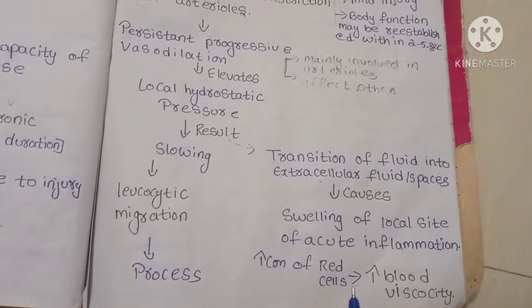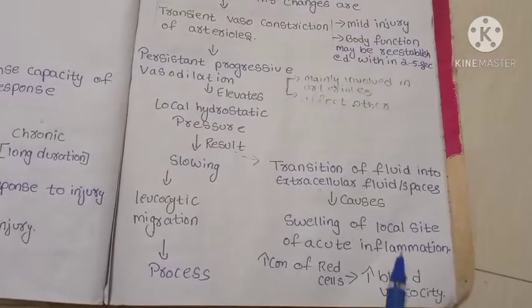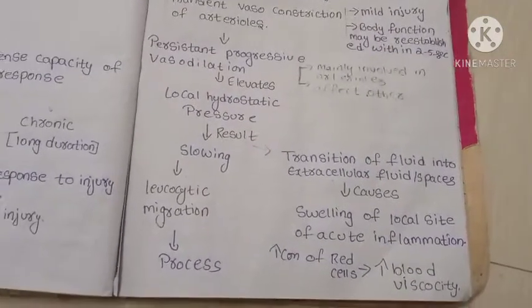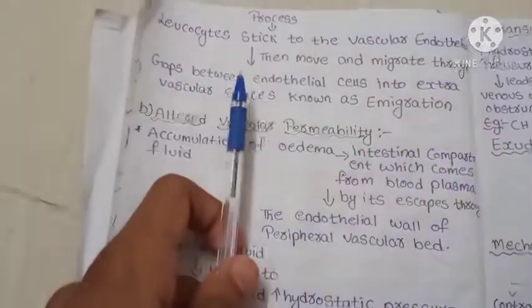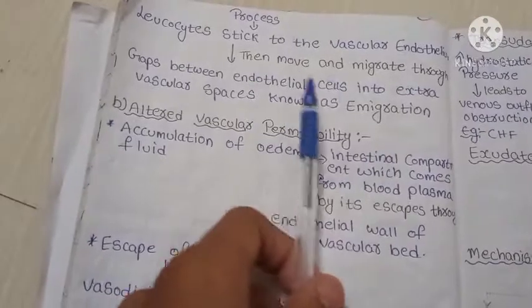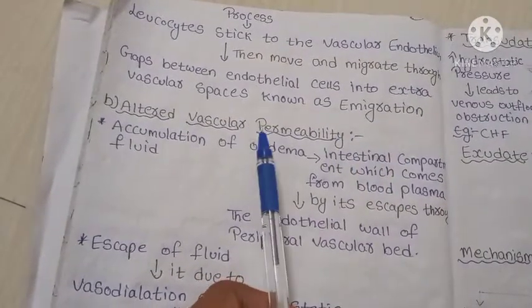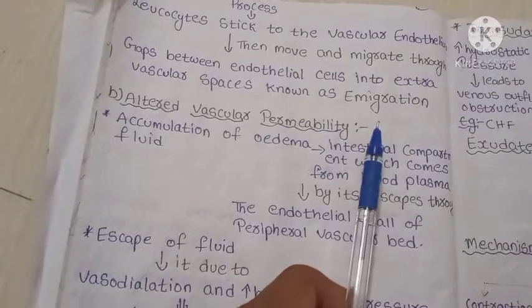This increases the concentration of red blood cells, which results in increased blood viscosity. Due to this, leukocytes stick to the vascular endothelium, then move and migrate through gaps between endothelial cells into extravascular spaces, which is known as emigration.